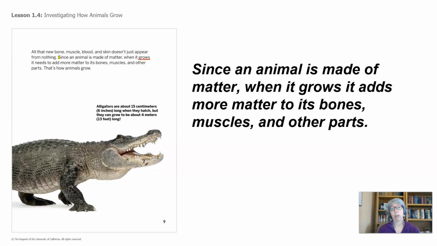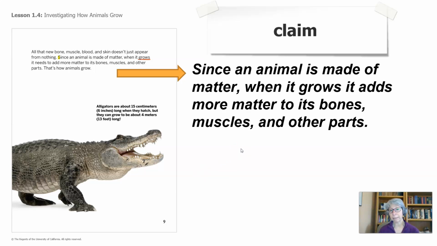That's how animals grow. Let's take a closer look at this. Since an animal is made up of matter, when it grows, it adds more matter to its bones, muscles, and other parts. This is evidence that helps us make a claim to the question, how do animals grow?